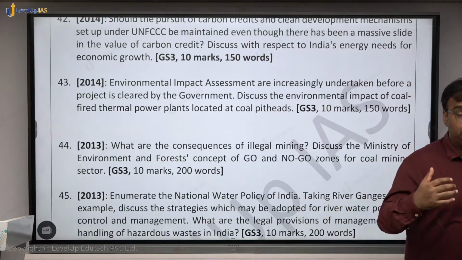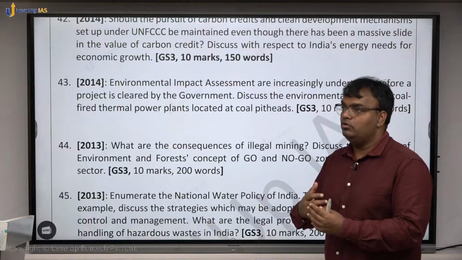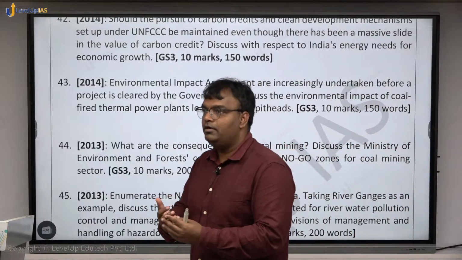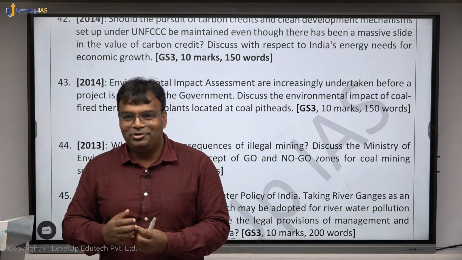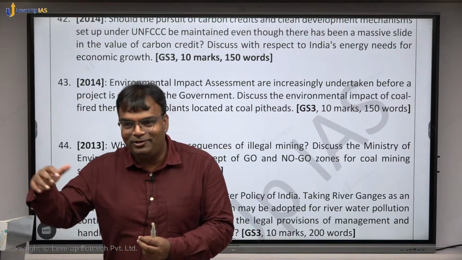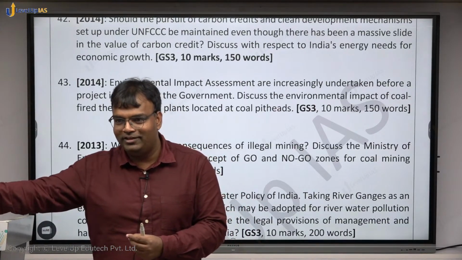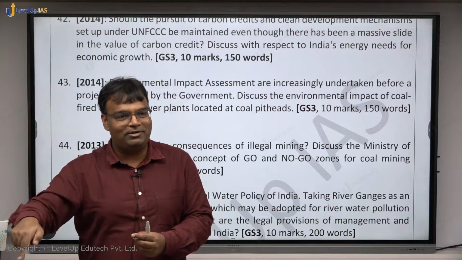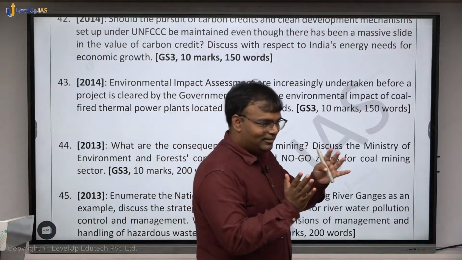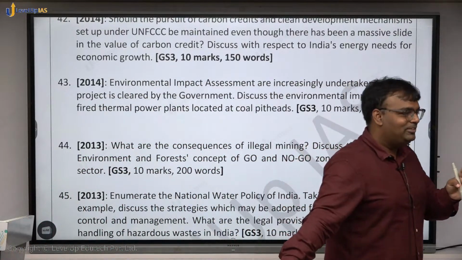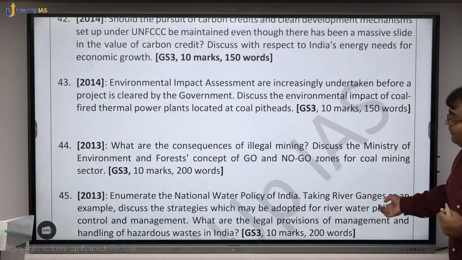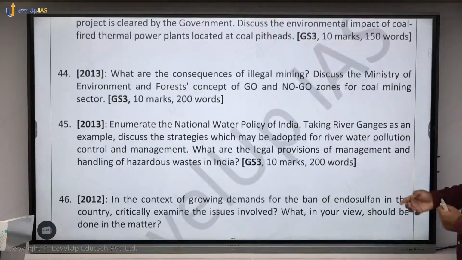Then, because this plant will need coal, we will also briefly mention in the end that it leads to coal mining. So the negative impact of coal mining on the environment is also one of the impacts of a thermal power plant. Then, what are the consequences of illegal mining?